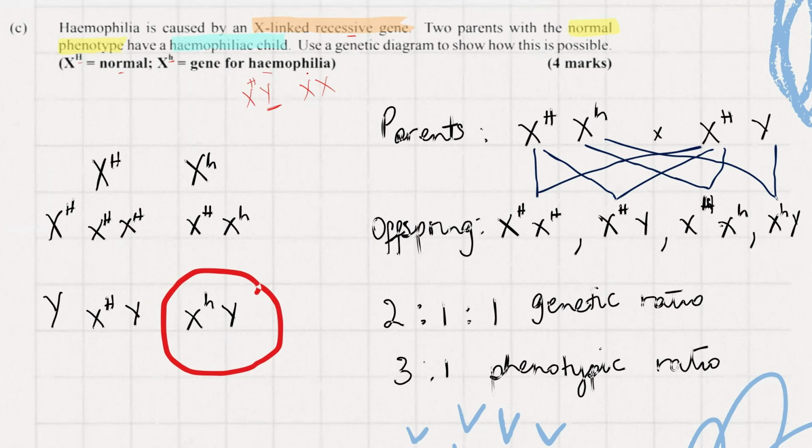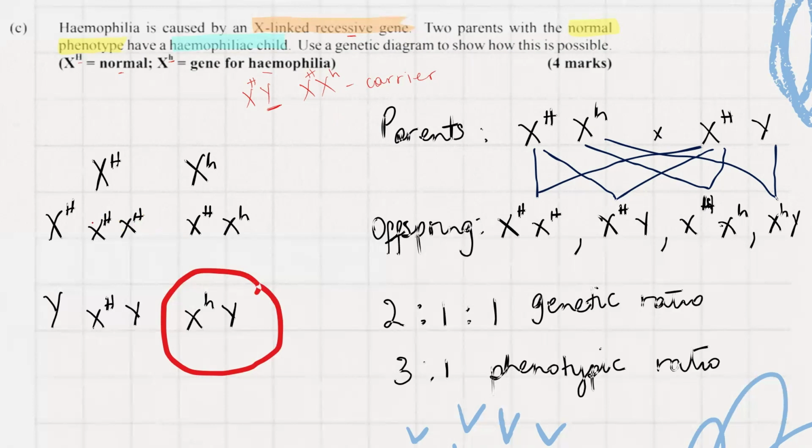So she has one dominant allele and one recessive allele, meaning that she is a carrier. She is normal because of the presence of the dominant trait, but she is a carrier because she has the chance of passing on that gene for hemophilia to any of her offspring based on the crosses that we will work out here.